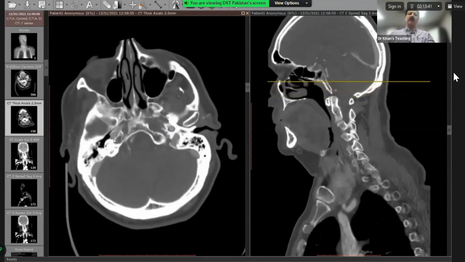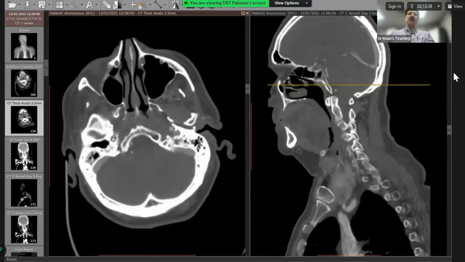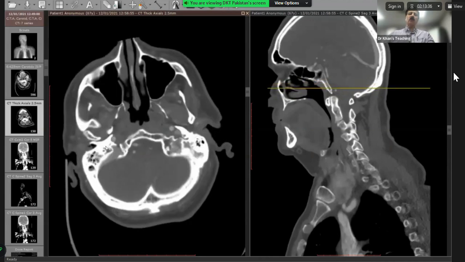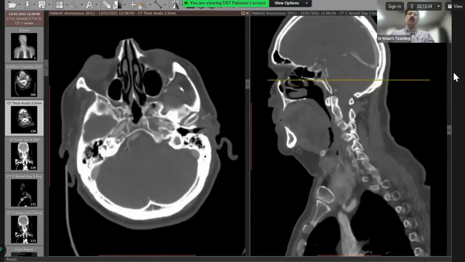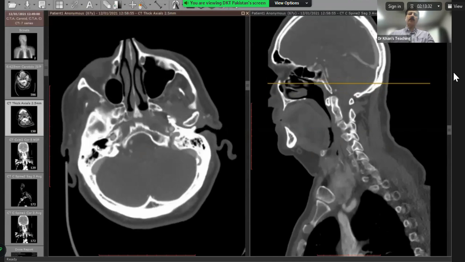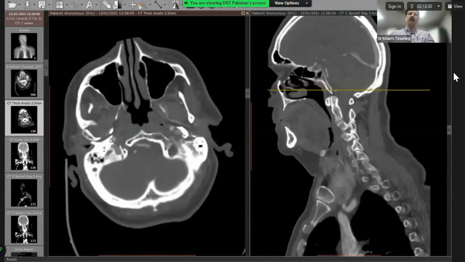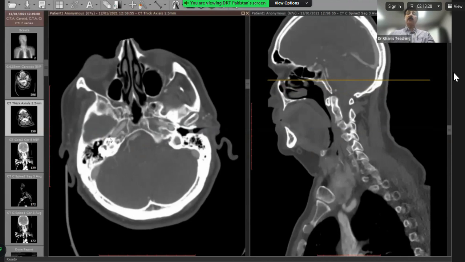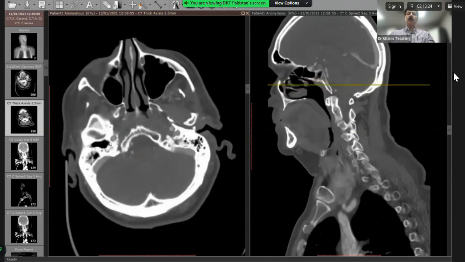Now, on the other hand, the carotid artery is anterior to the middle ear cavity. So these 2 points are important for you to remember. So this is the middle ear cavity, and the carotid canal is anterior. There are normal variants in which this bone will be dehiscent, and the internal carotid artery can project into the middle ear cavity.